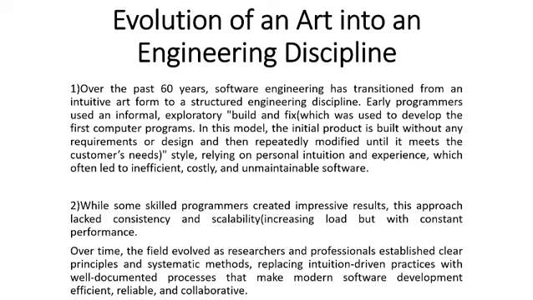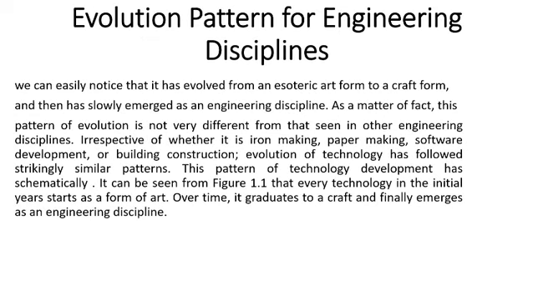Whereas in previous days, there was no effective method in order to develop a product. Once he developed a product, he needed to rectify and fix the errors until the user's requirements were satisfied. But nowadays, professionals and researchers introduced systematic methods in order to develop a product in an effective manner.